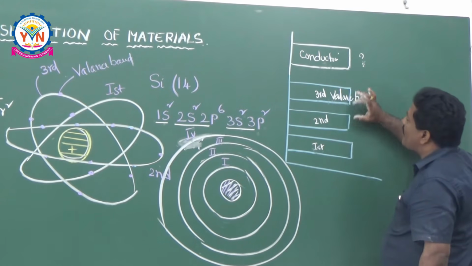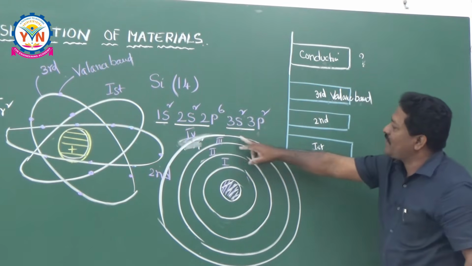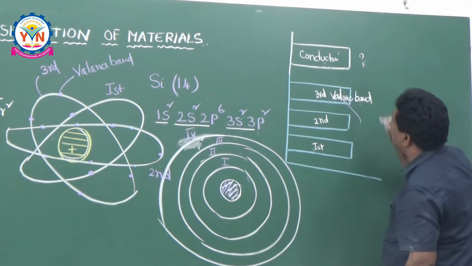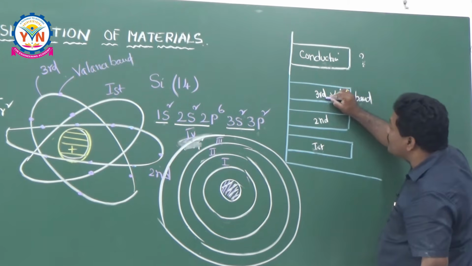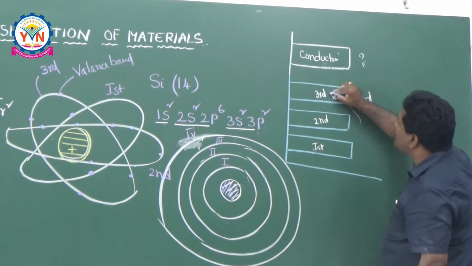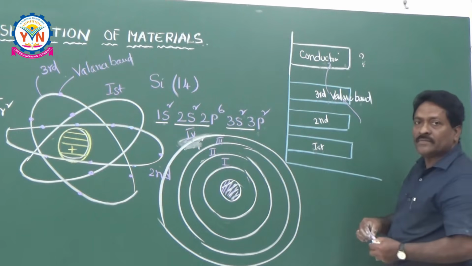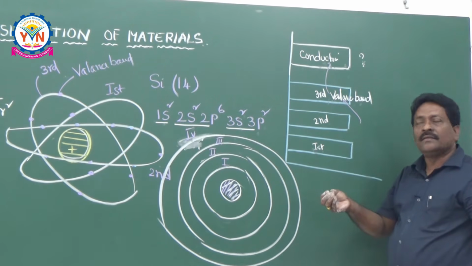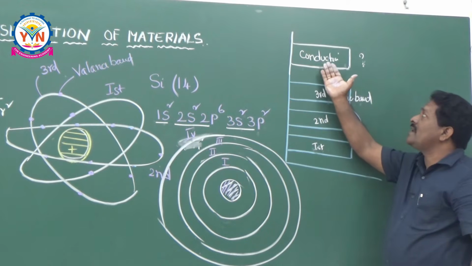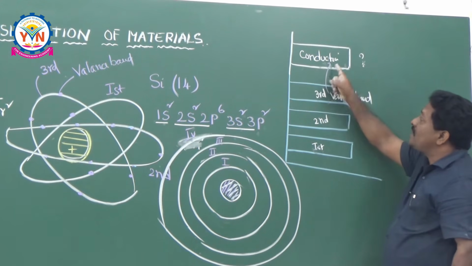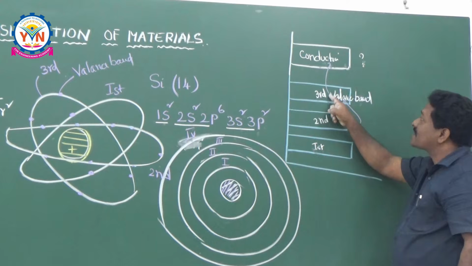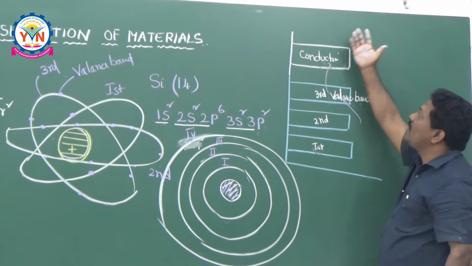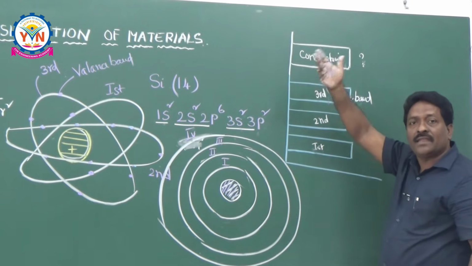Valency band means the outermost orbit, in our example the final years. If you give some small amount of energy to them, then definitely they can jump from this valency band to conduction band. What do you mean by this conduction band? Conduction band means it is the higher level energy band, where these carriers can act like free electrons or free holes, free carriers.